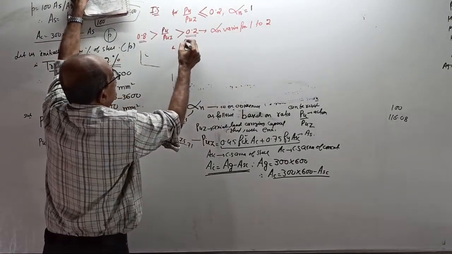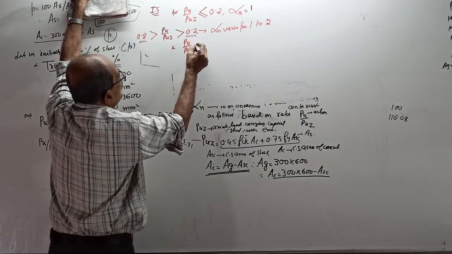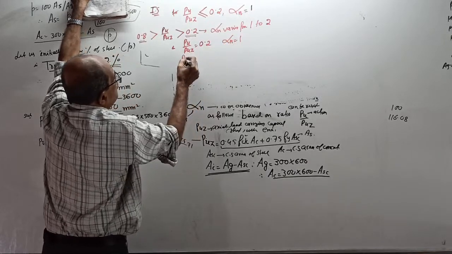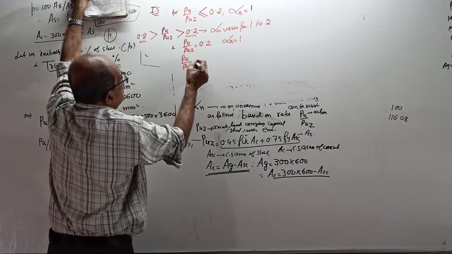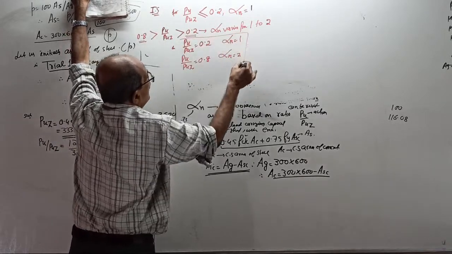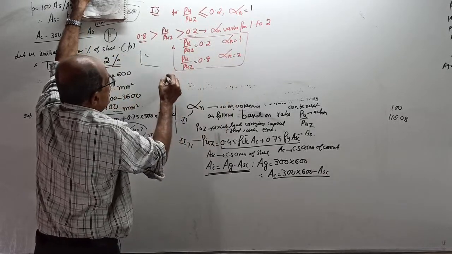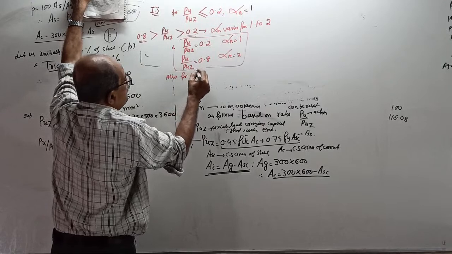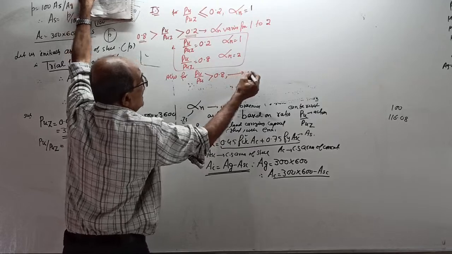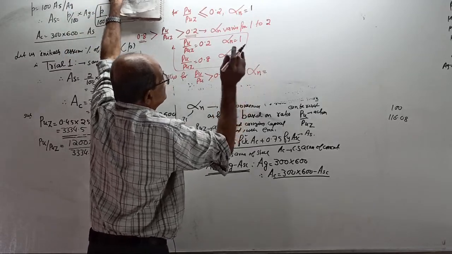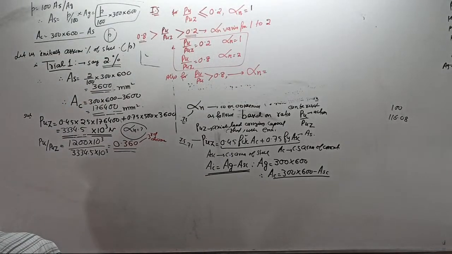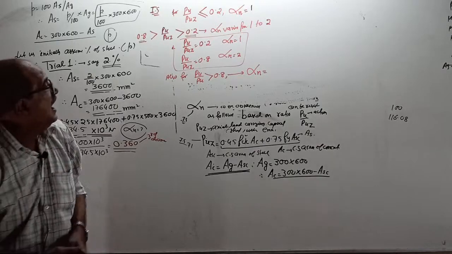That means PU by PUZ equal to 0.2, alpha n equal to 1, and PU by PUZ equal to 0.8, alpha n equal to 2. A table. And also for PU by PUZ more than 0.8, they told directly alpha n equal to 2.